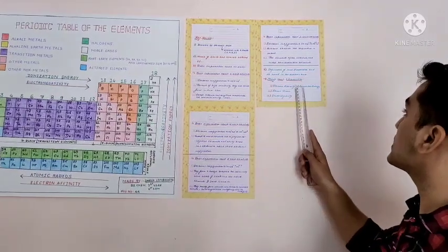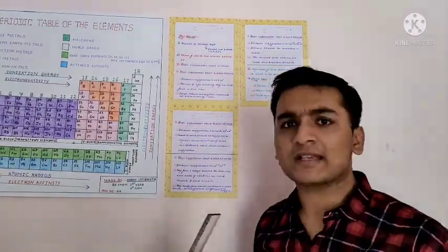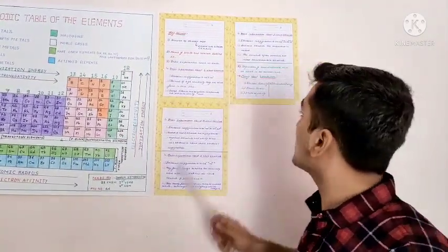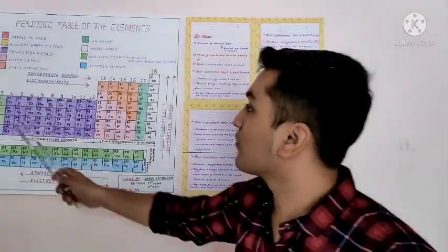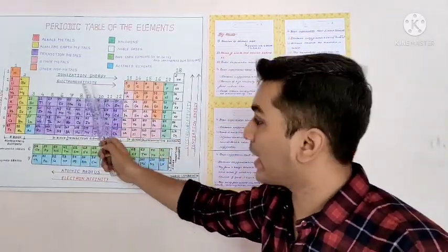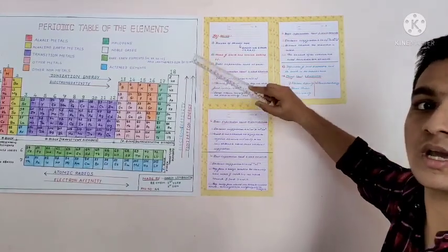The fourth property is ionization energy. The energy required to ionize the atom, meaning to remove an electron from the atom, is known as ionization energy. The trend of ionization energy is that going from left to right it increases, and going from bottom to top, ionization energy increases.